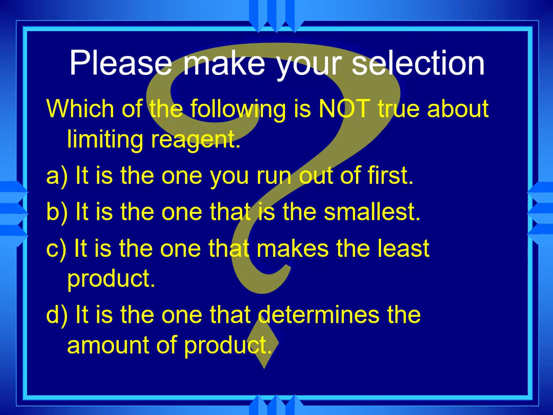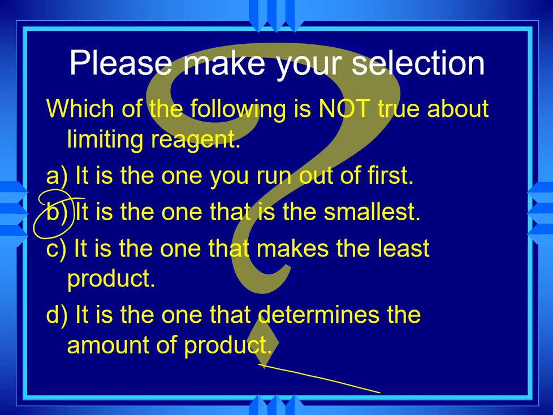One is seriously wrong, though. Which one is it, Michelle? Yeah, B is wrong. We don't know because it could be the smallest weight, but it could be the lightest element. So you'd have a lot of moles of it. Like, a couple grams of iron is a small percentage of a mole. A couple of grams of hydrogen is a mole. So you can't just look at the weight.